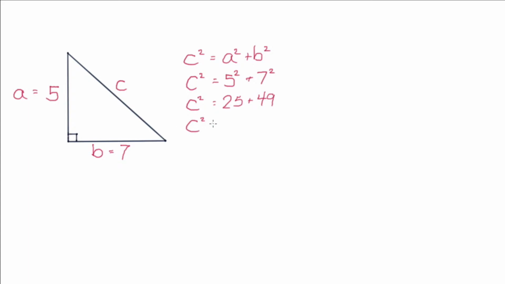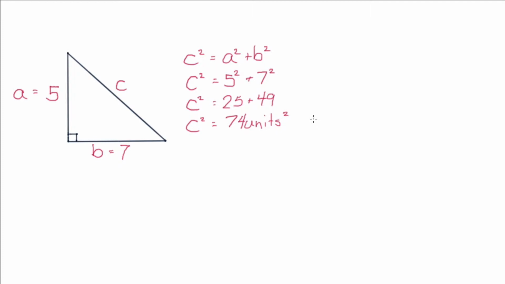Continuing to simplify, c squared is equal to 25 plus 49, or 74 units squared. So the area of the square on the hypotenuse is 74 square units.